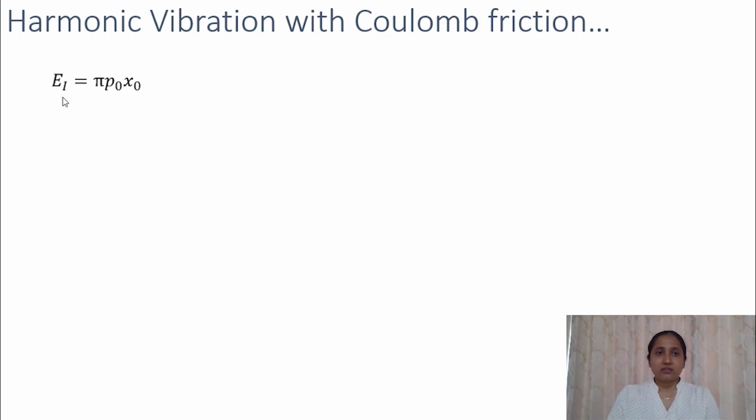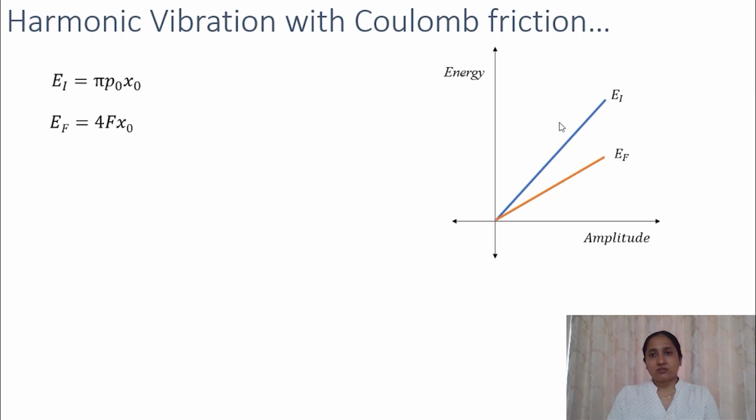We have seen that the input energy to the single degree of freedom system due to this harmonic force is equal to pi p naught x naught when omega is equal to omega n, that is, when the forcing frequency is equal to the natural frequency, and x naught is the steady state amplitude. We also saw that the energy dissipated by friction is equal to 4 F times x naught. So now let's plot this expression.